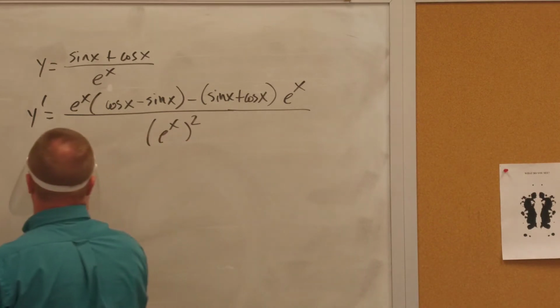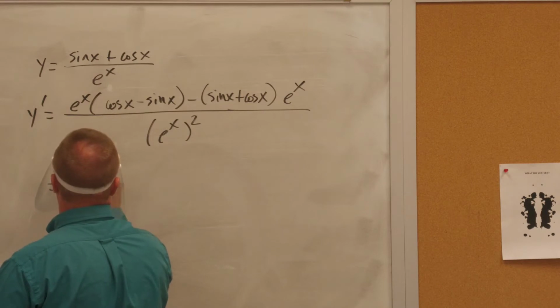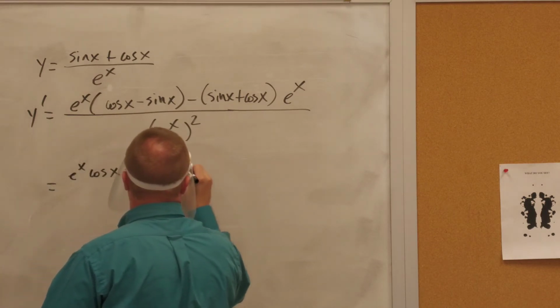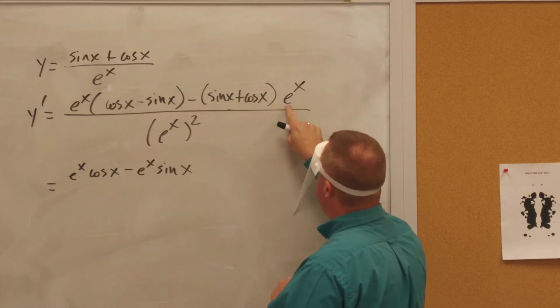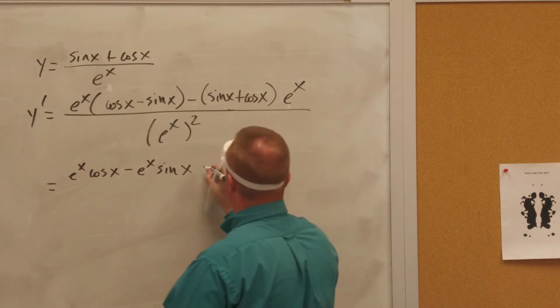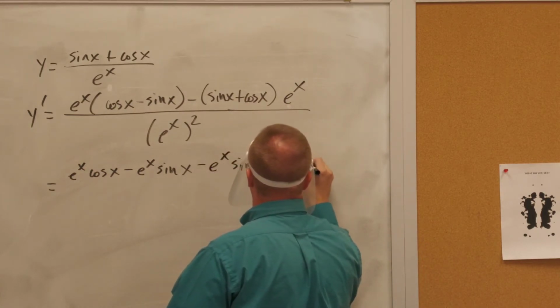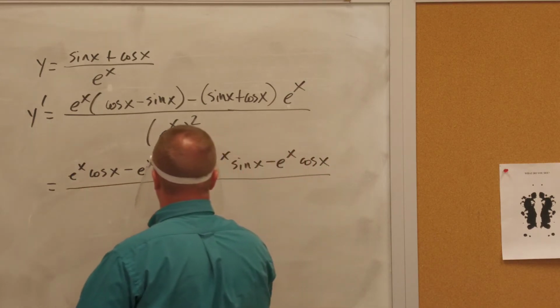All right, so let's FOIL out or multiply out the top here. So e to the x cosine x minus e to the x sine x. Okay, now notice here, I really just got negative e to the x times each of those. So that would be negative e to the x sine x, negative e to the x cosine x over e to the 2x.